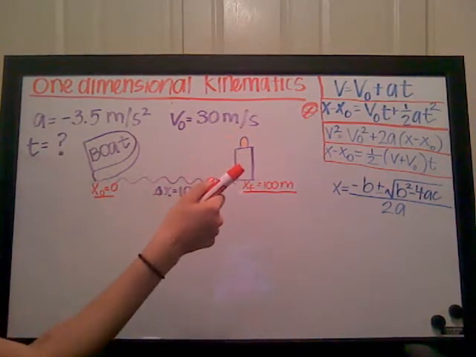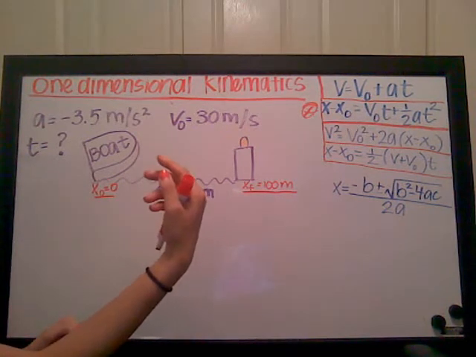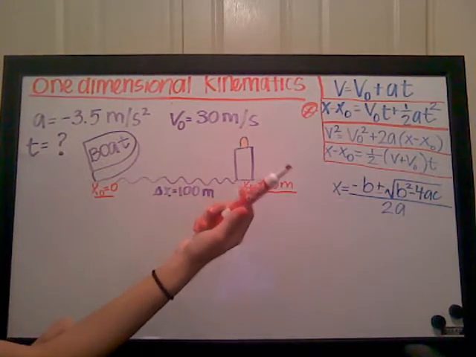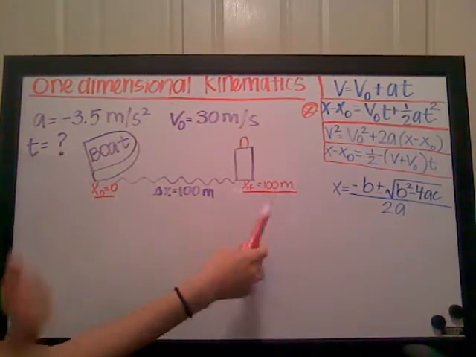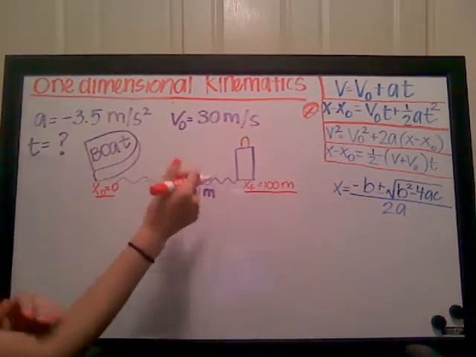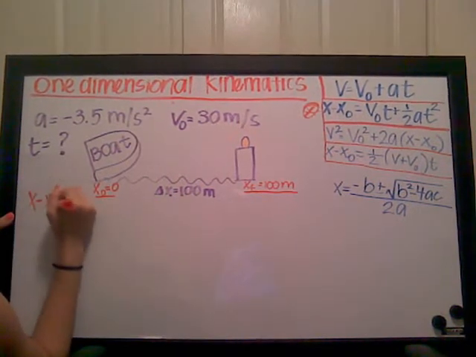Now, if you notice, you have your time given in t and t squared. Because of that, you're going to have to use the quadratic formula to find your answer, because you're not going to be able to solve for t unless you use the quadratic formula. So I have that as well on here. So let's just start out by writing the equation over here that we're going to use.